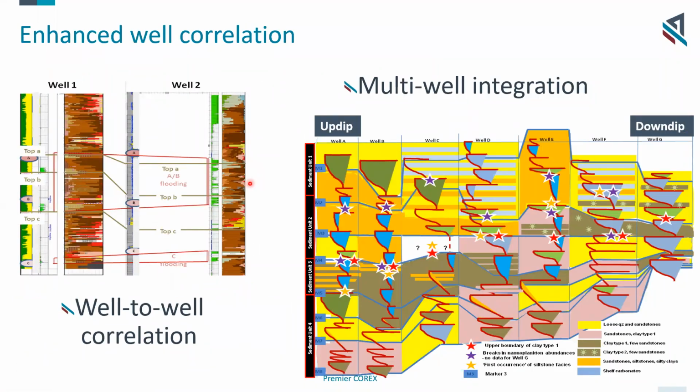So just to emphasize that, we have enhanced well correlation, so we can trace a flooding surface from one well to another, and then integrate that. If we've got multiple wells, we can integrate that into a sedimentological or basin modeling situation.